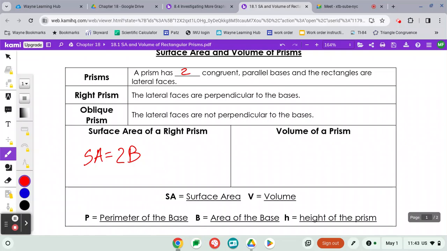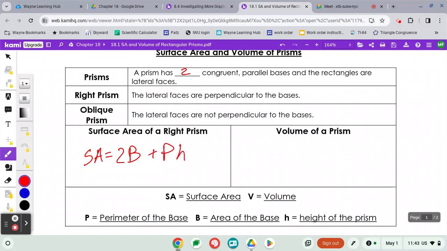So area would be how much it is. Perimeter is the length around the edge. If I unroll or unfold this, do you see how the perimeter will be the same as this distance? And the space from one base to the other, we call that the height. So it'll be 2B plus Ph.